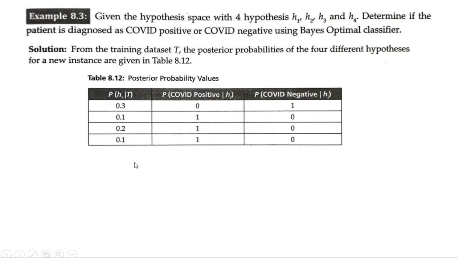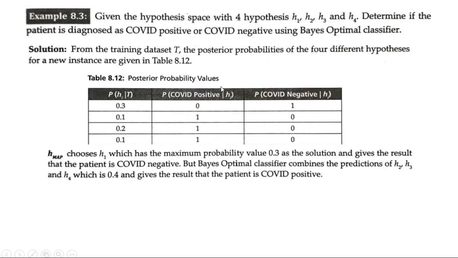For the first hypothesis, the probability that it is positive is 0, and the probability that it is negative, that is COVID negative, is 1. The posterior probability values are given in the question.